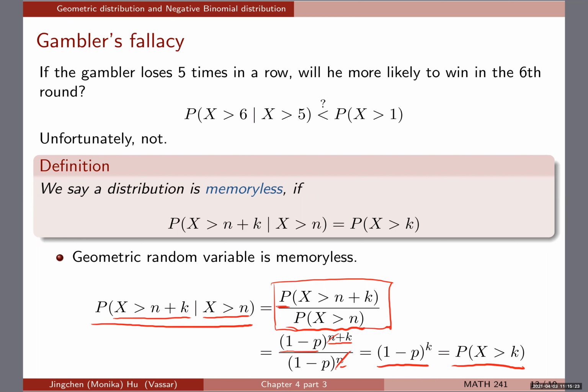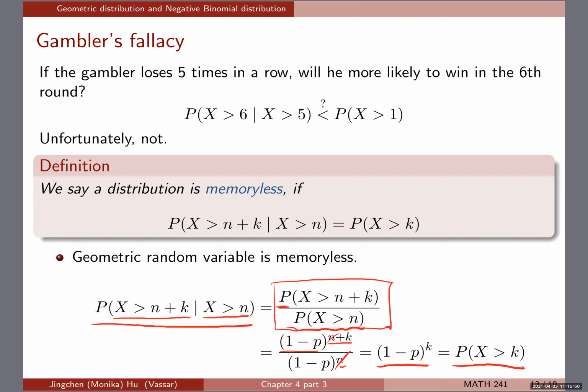So through the gambler's fallacy, we introduced the definition of memoryless, and we showed that the geometric distribution is memoryless. We talked about it already: intuitively, each game is independent, so if you already lose 5 times, it doesn't mean that you will be more likely or less likely to win or lose in the 6th round.